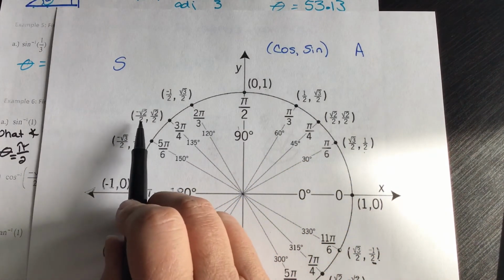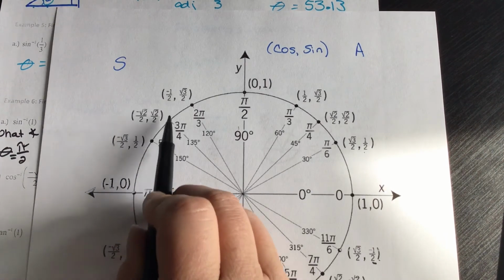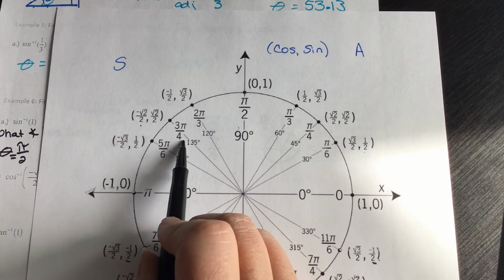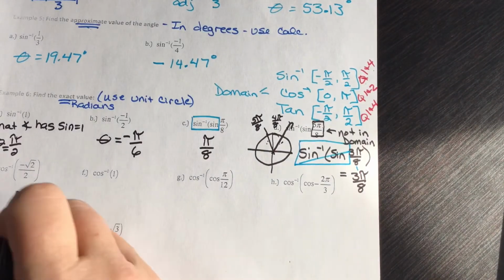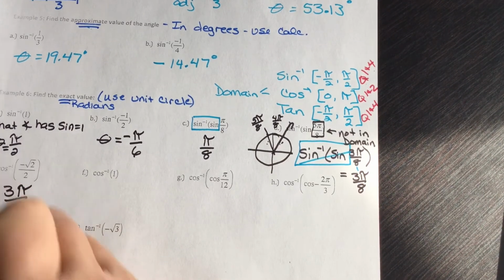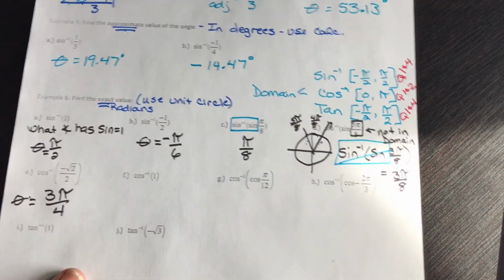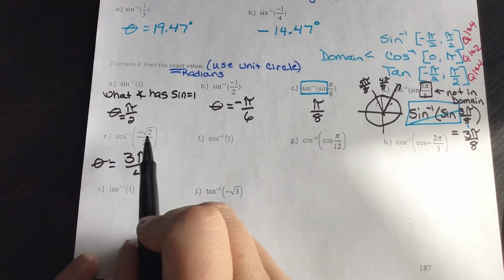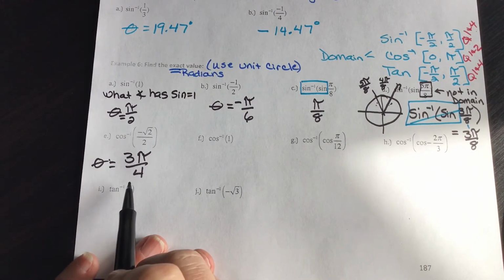So negative square root of 2 over 2 is going to be this angle right here, which is 3 pi over 4. So my angle that has negative square root of 2 over 2 as a cosine is 3 pi over 4.